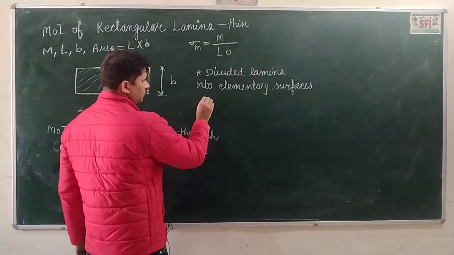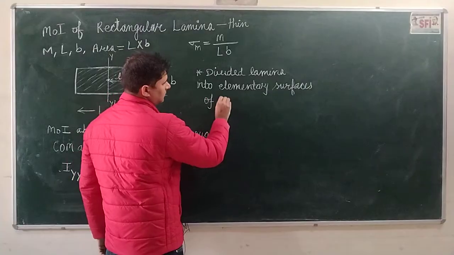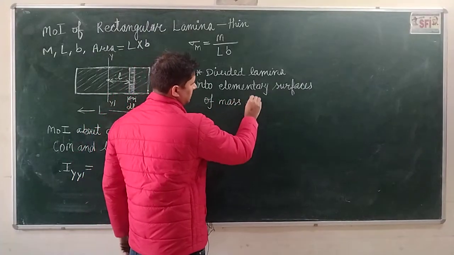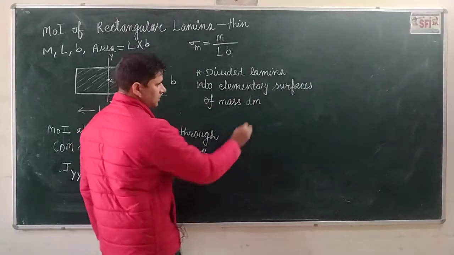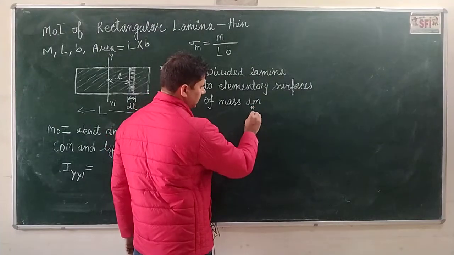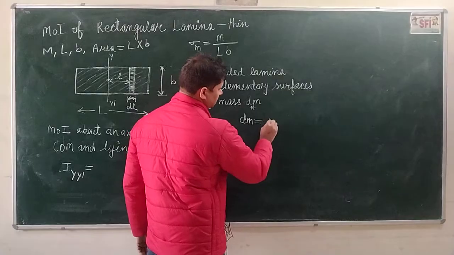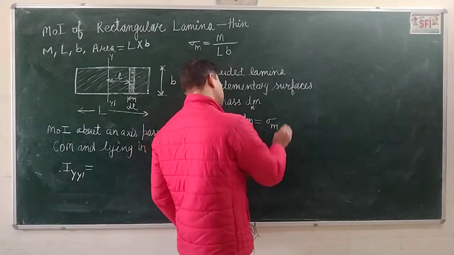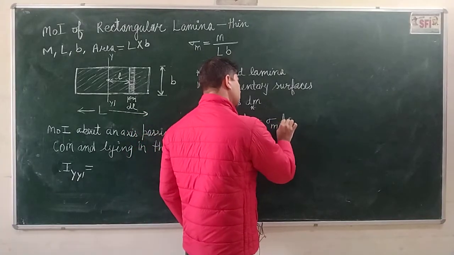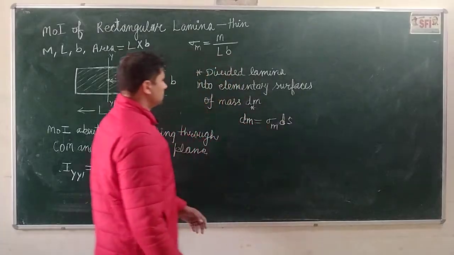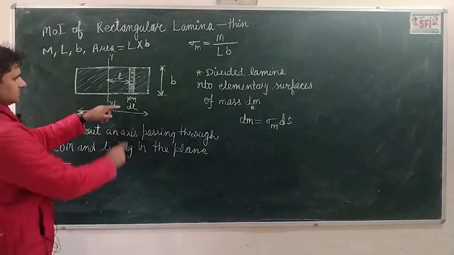Of mass dm. Now we have to find this dm, and dm will be the surface mass density into the area of the elementary surface.